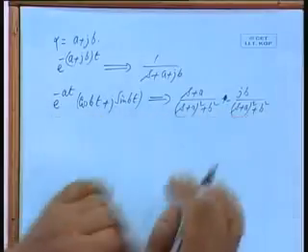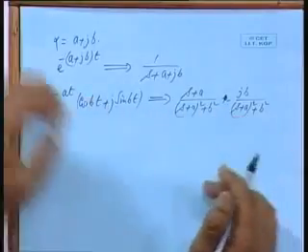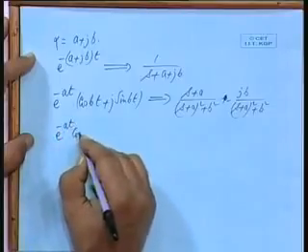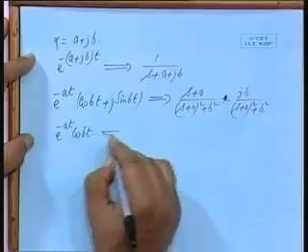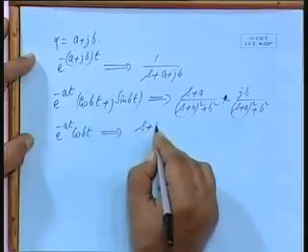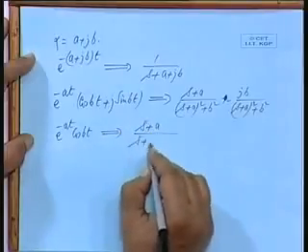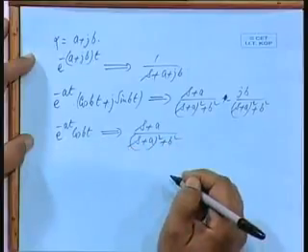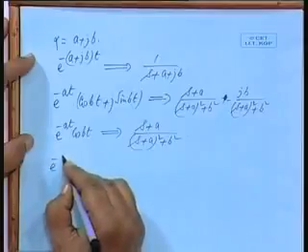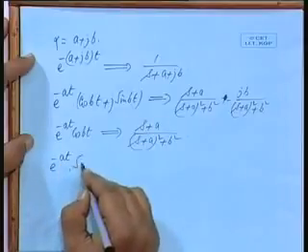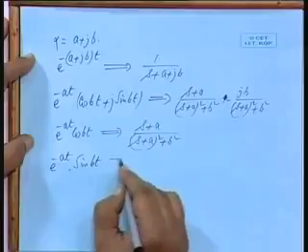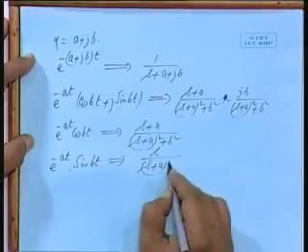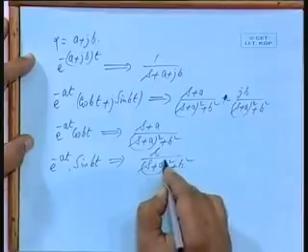Equate the real parts and the imaginary parts, then e to the power minus a t cosine b t will give me s plus a by s plus a whole squared plus b squared. E to the power minus a t sine b t will be b by s plus a whole squared plus b squared.